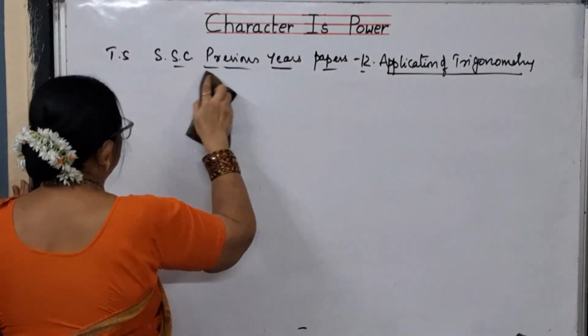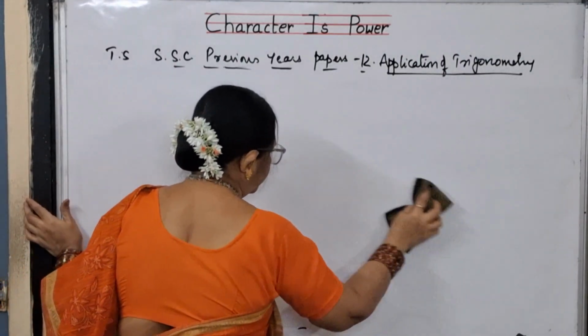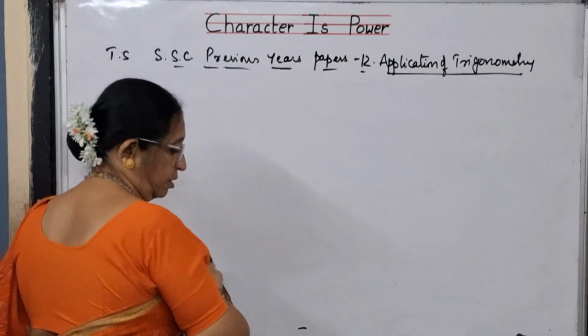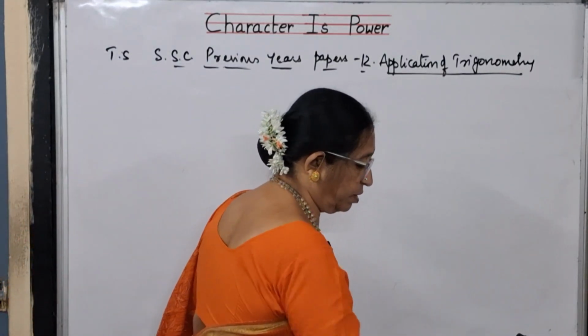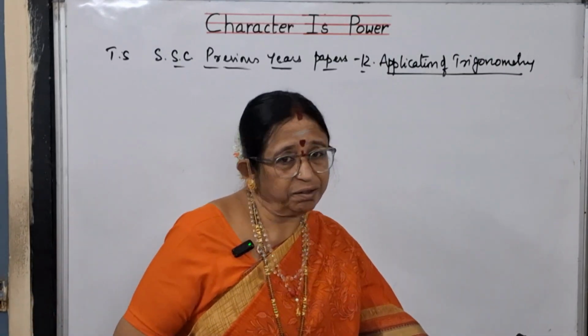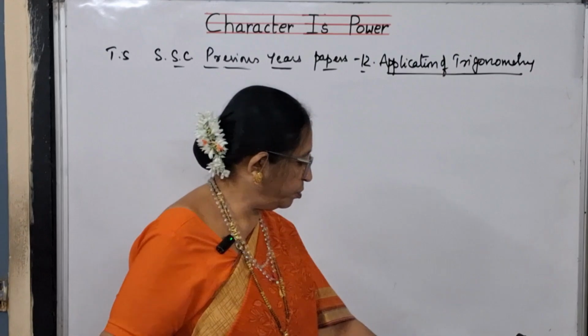So this drawing is going to fetch you total 2 marks. So be careful, children. It's a very easy sum. All these sums are very easy. So have a practice of it. You will be scoring good marks.